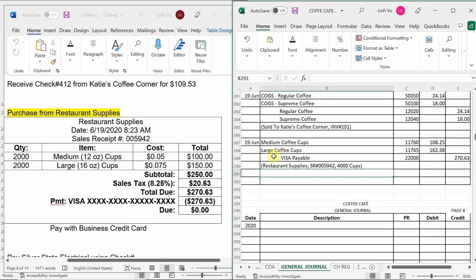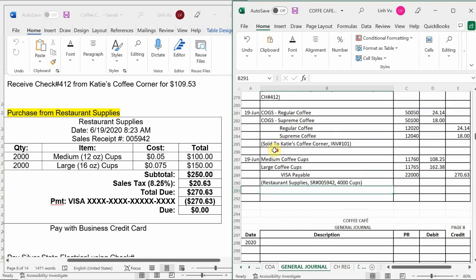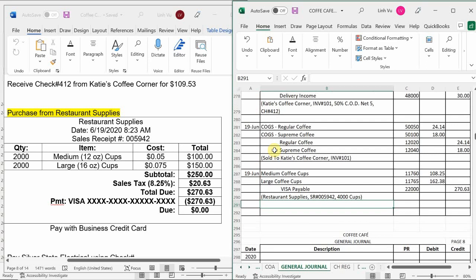So now that I finished my journal, what's next? So I finished my journal. What comes after the journal?